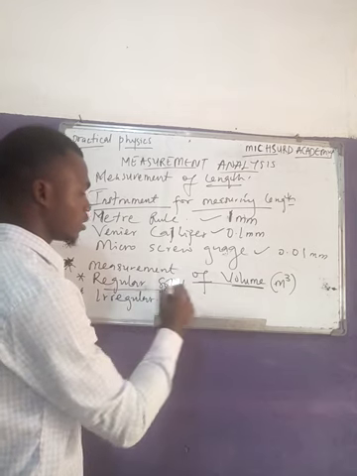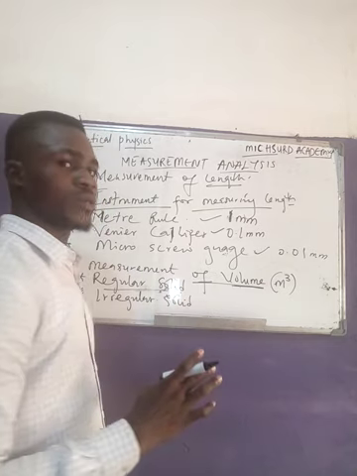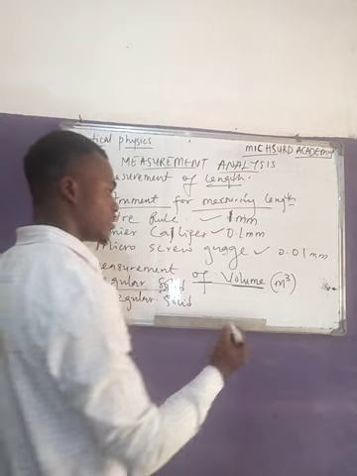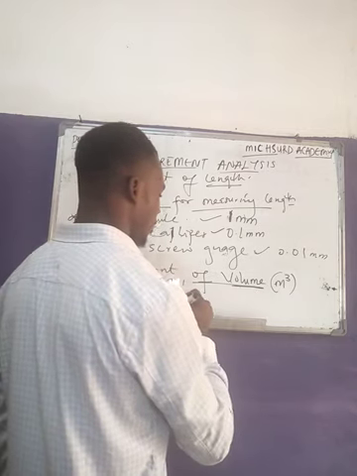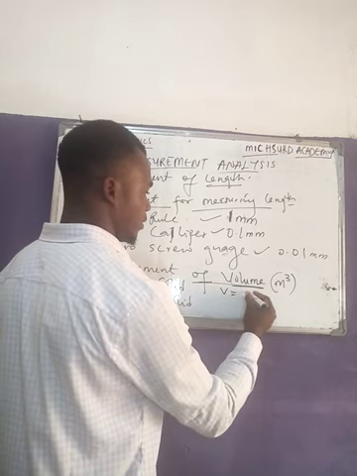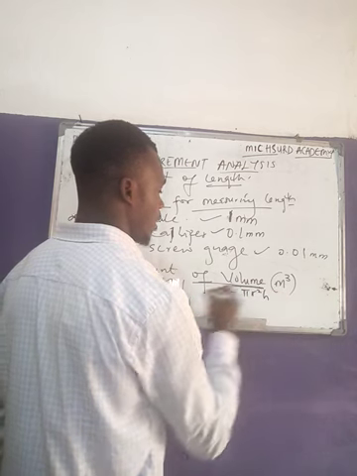When measuring a regular solid, we just consider the volume formula of that solid. For example, if we want to check the volume of a cylinder, the formula is pi r square h.